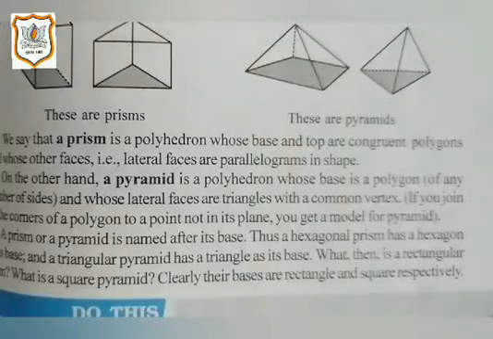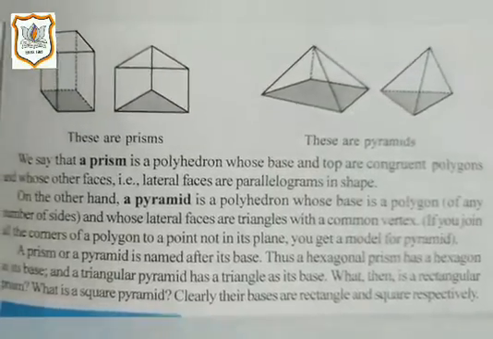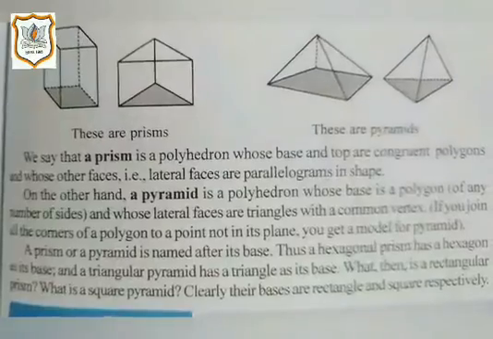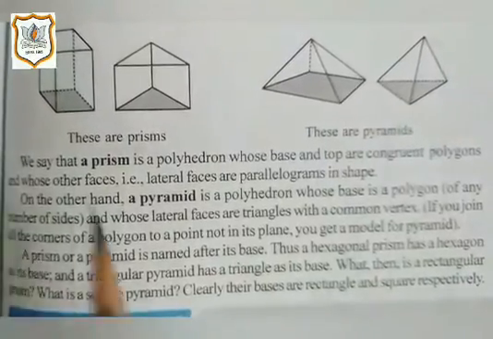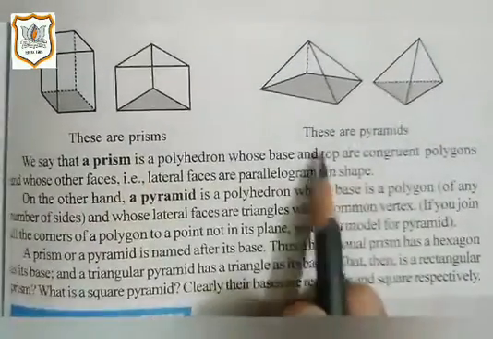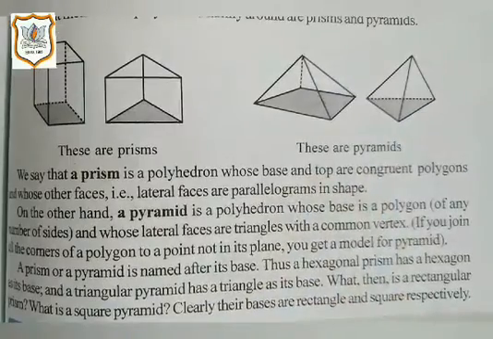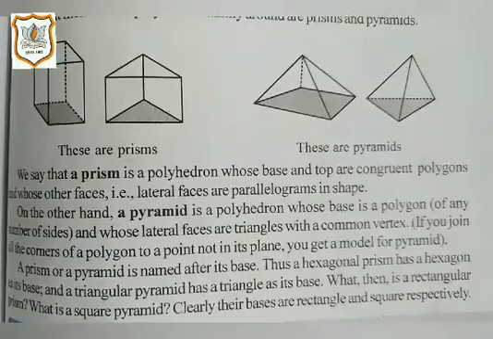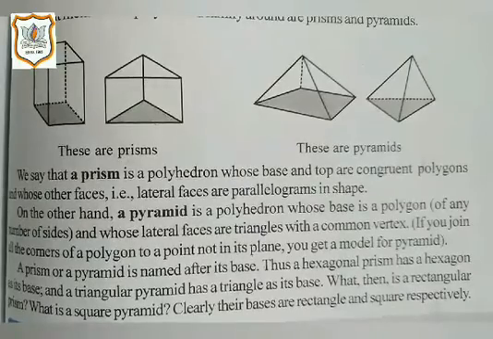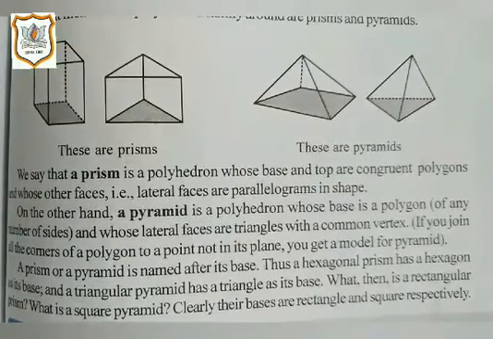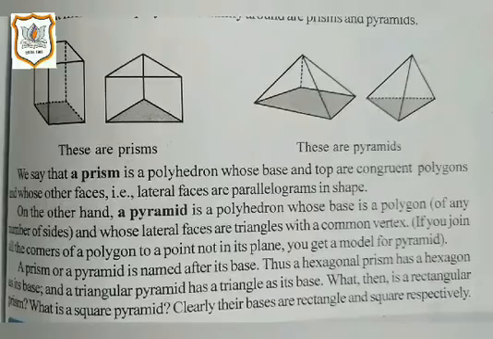Now we will study prisms and pyramids. Students, you can see these are prisms and these are pyramids. A prism is a solid whose base and top are identical polygons and the sides are parallelograms.